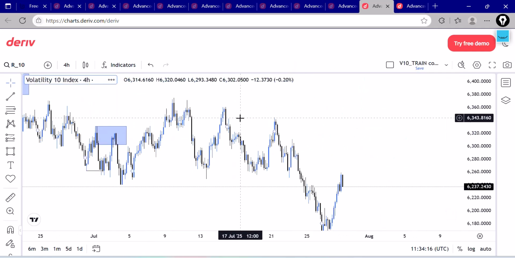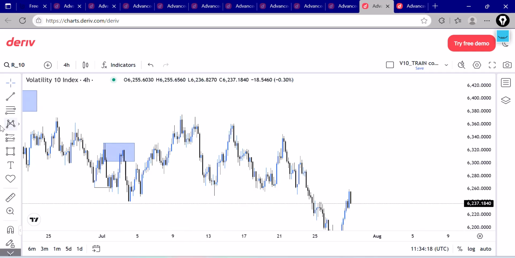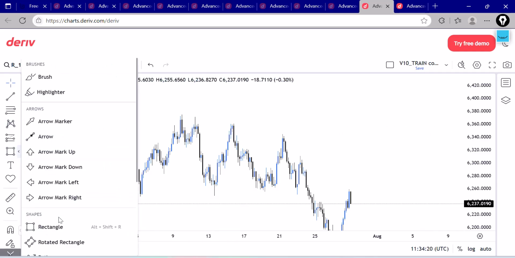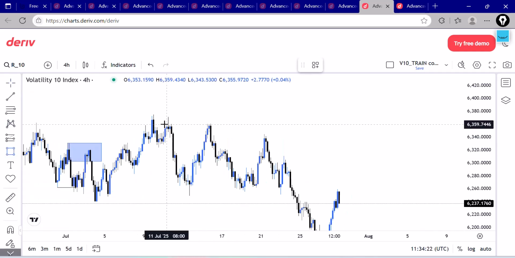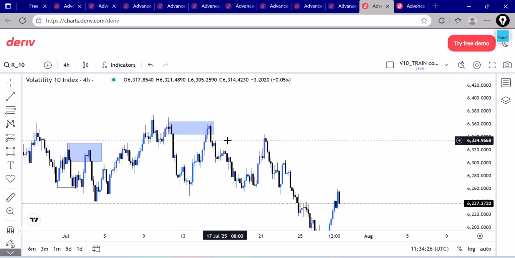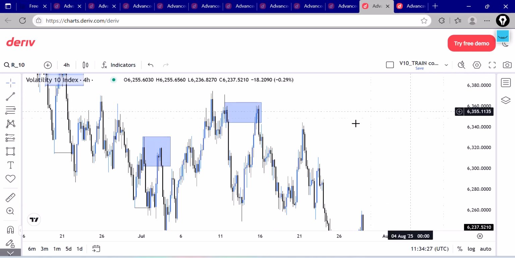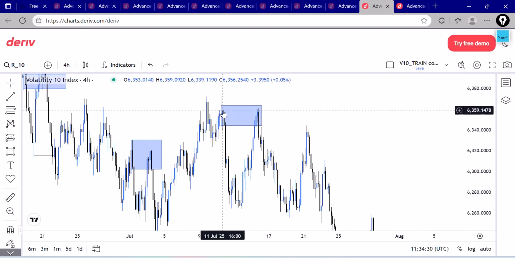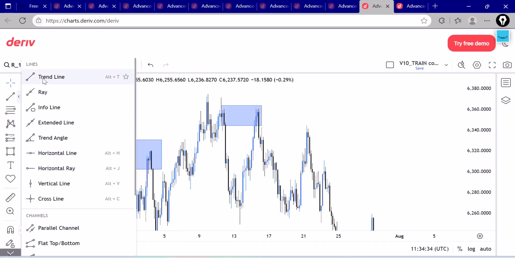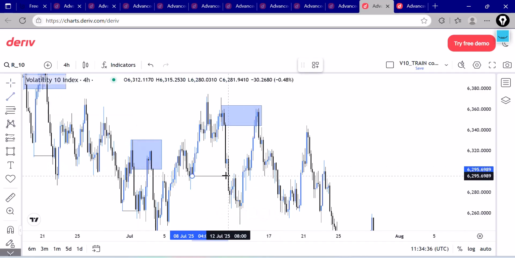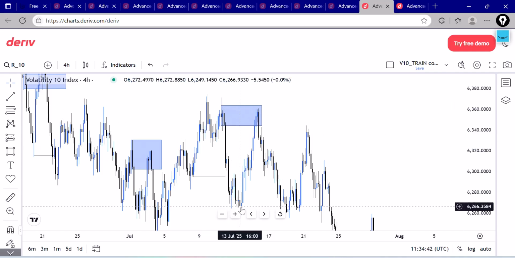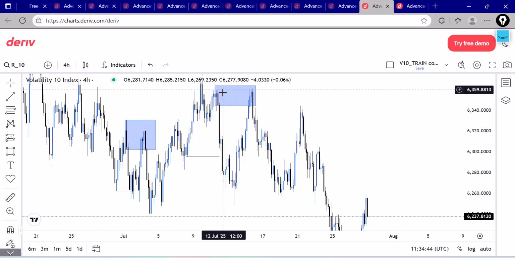Okay, so there's also another zone. There was a break of structure to the downside caused by this momentum move downward.